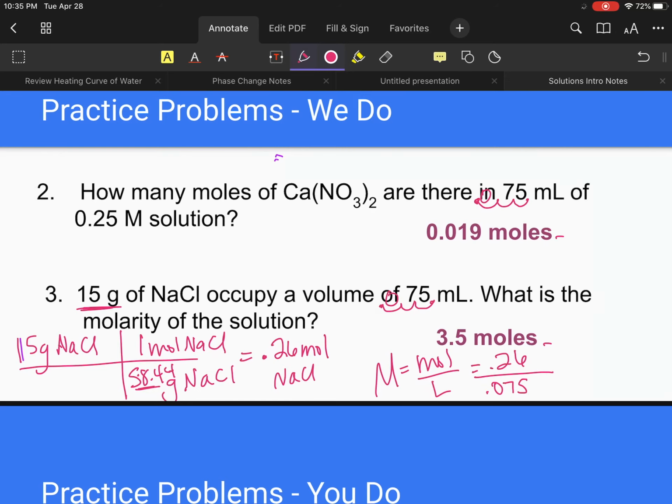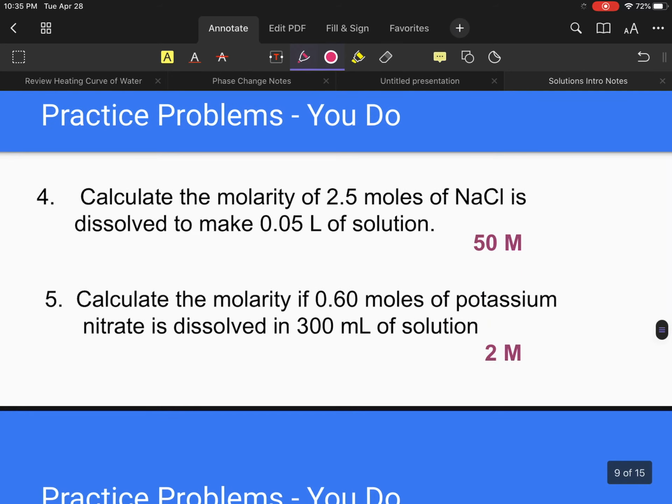So I'm just going to move my decimal over, and then when I type this in my calculator, I get 3.46666, so it rounds to 3.5 because of my 2 sig figs. And again, molar with a capital M.